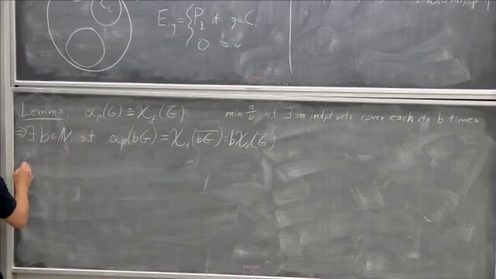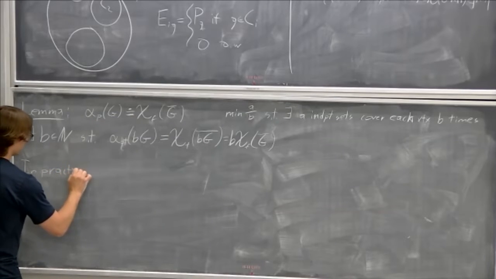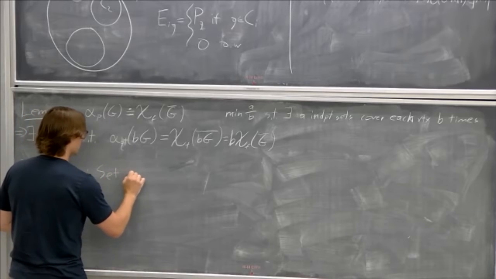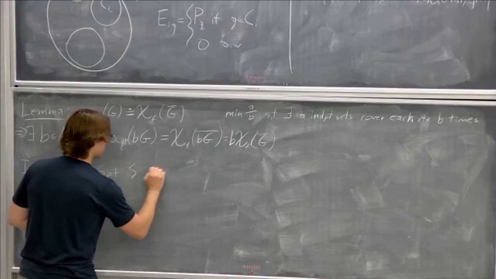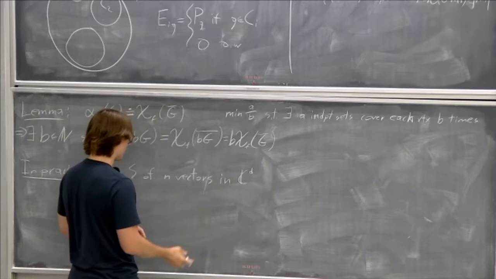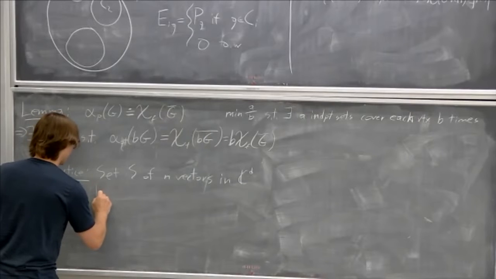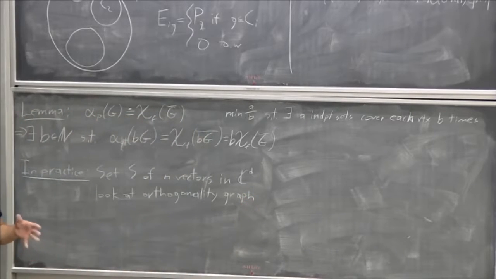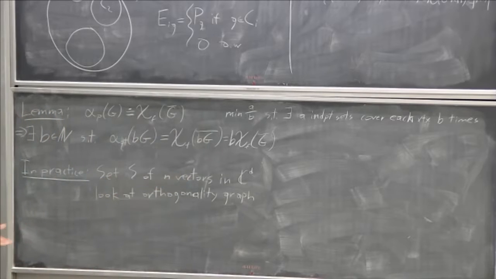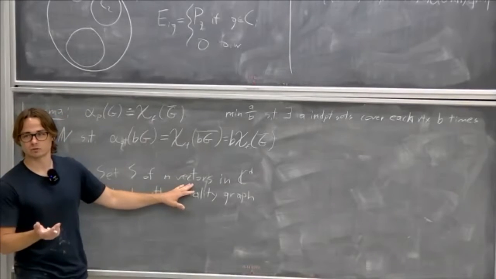What happens, it seems, is that you consider some nice set S of n vectors in d-dimensional space, C^d or R^d or whatever, and then you look at the orthogonality graph. I should say non-zero or unit vectors. I take the vectors as the vertices, and two of them are adjacent if they're orthogonal.